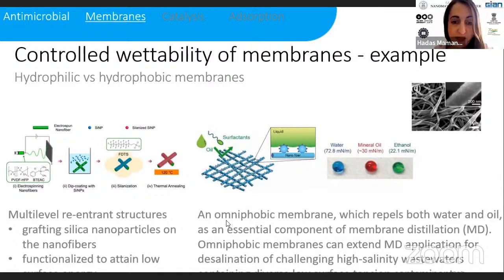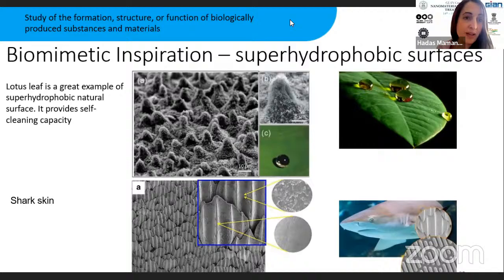hydrophobicity of the membranes. An omniphobic membrane, which repels both water and oil, is, for example, essential for membrane distillation, okay? And we can also design biomimetic-inspired super hydrophobic surfaces. Biomimetic is the study of the formation, structure, or function of biologically produced substances or materials.